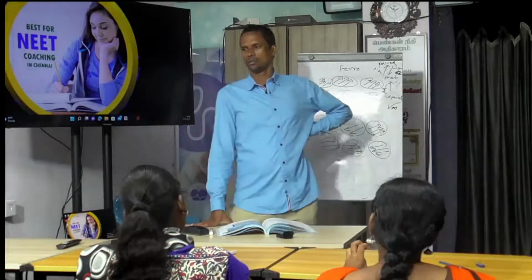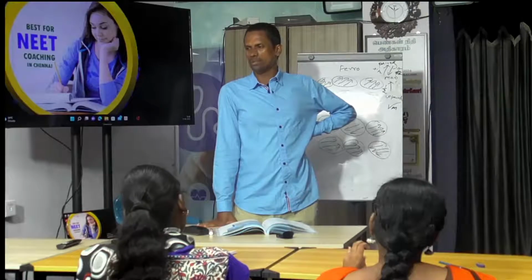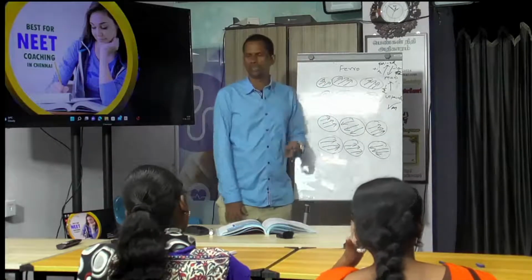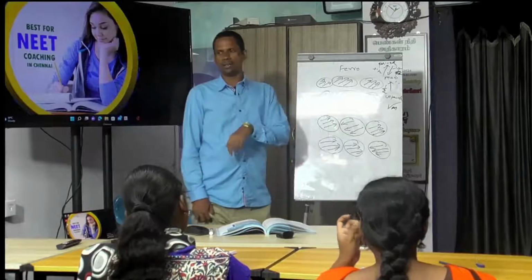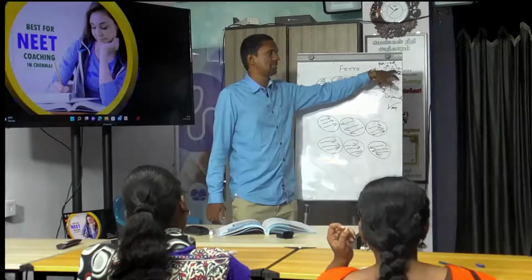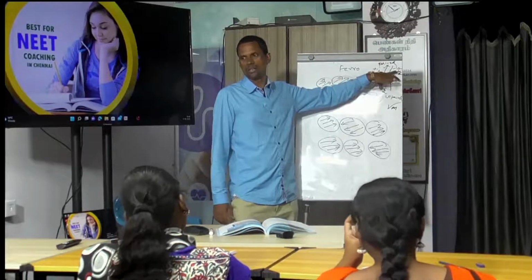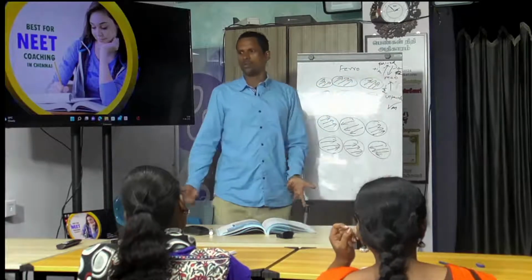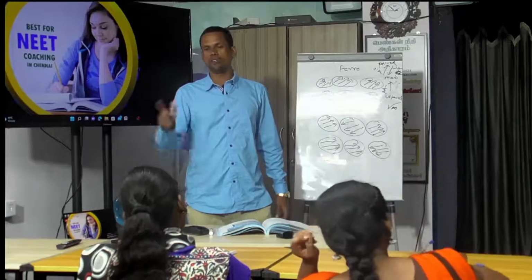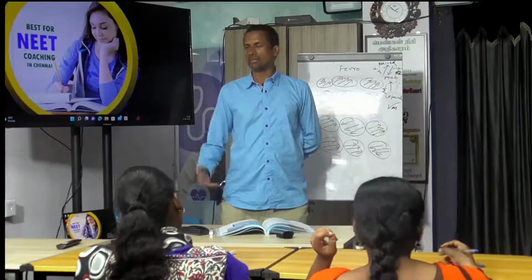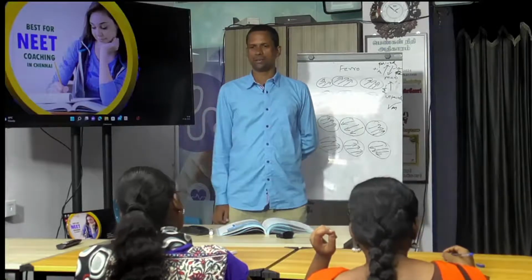Minus 1/2. How do you get minus 1/2? In diamagnetism it is paired, so it will be plus with minus. So what is that? 0. So magnetization should be 0 for diamagnetism, because it is paired. Diamagnetism means paired.